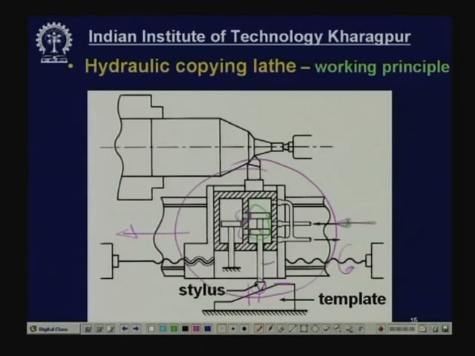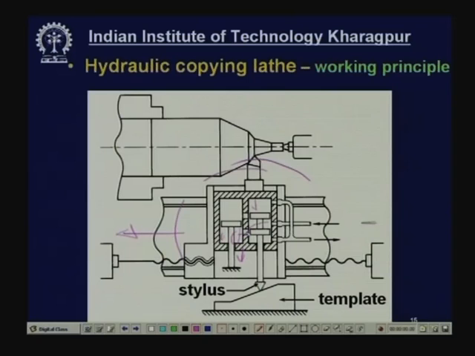When this spool comes down by a small distance, the ports open. Now, the pressurized oil will come through this port and reach here. So, this will be high pressure and this will be low pressure.